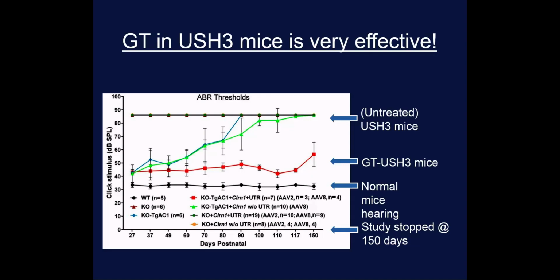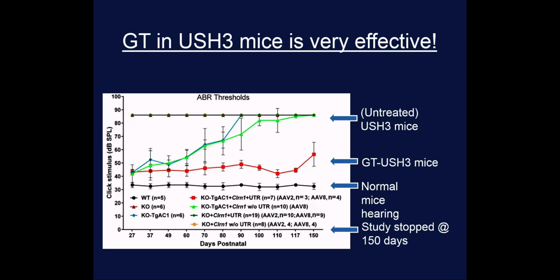The blue line in this graph represents the progressive hearing loss model with Usher type 3. Earlier on, the hearing is around 40 dB, and slowly hearing sensitivity decreases, and you need to provide more and more sound, and by about 90 days, even at the highest intensity of sound provided in this test, these Usher3 untreated mice fail to hear.